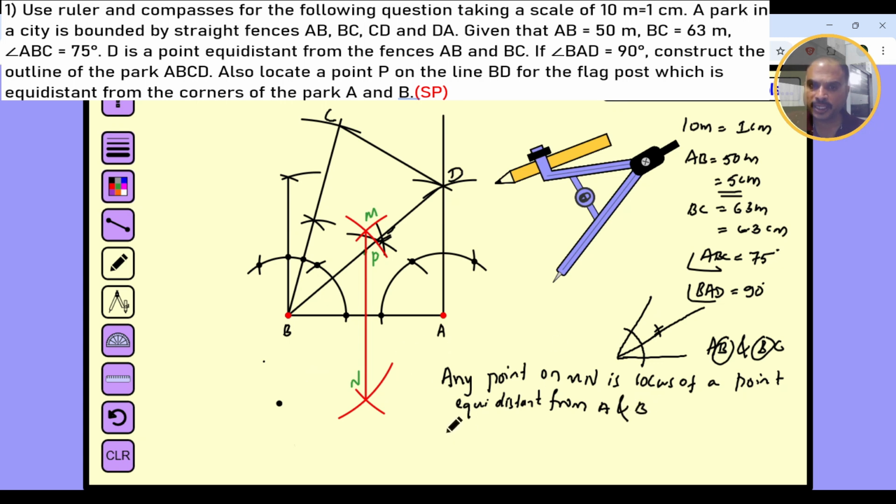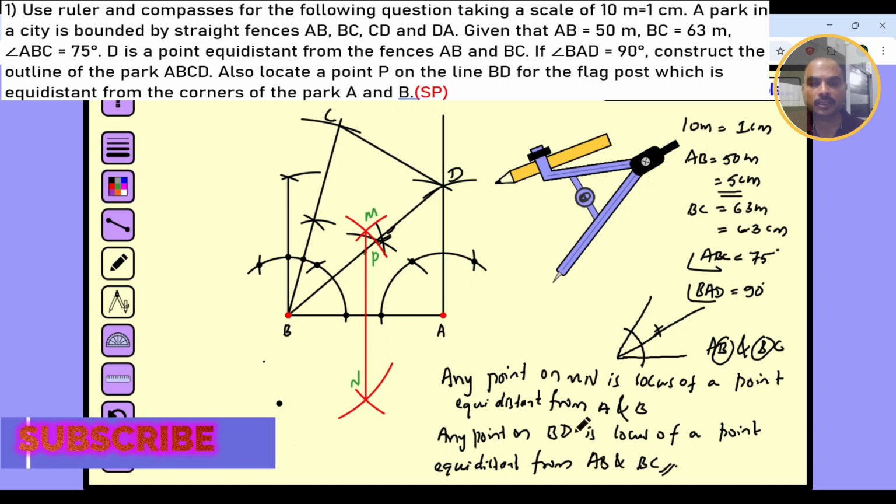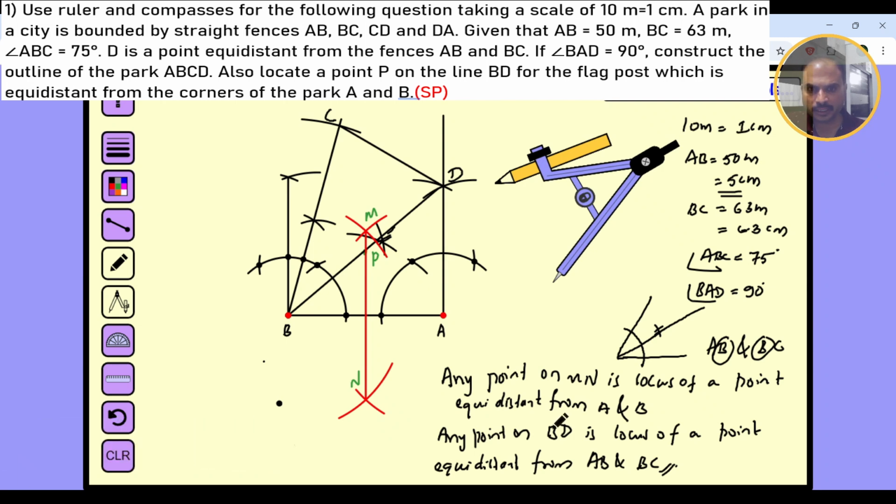And also you should write any point on BD is the locus of a point equidistant from AB and BC. Clear, children? This is the construction what you require. Clear? Yeah. Now let us see the second question.